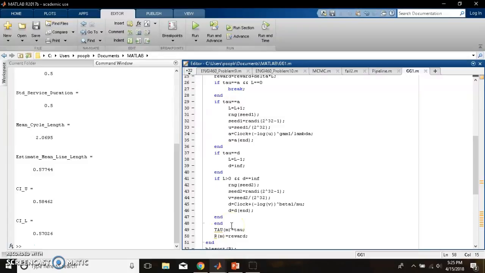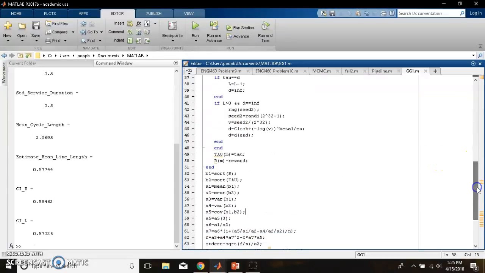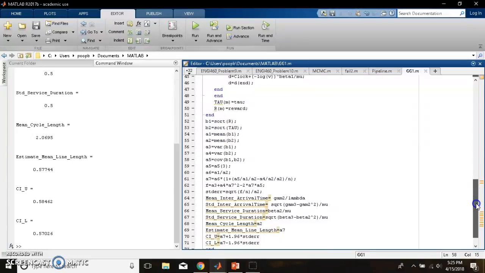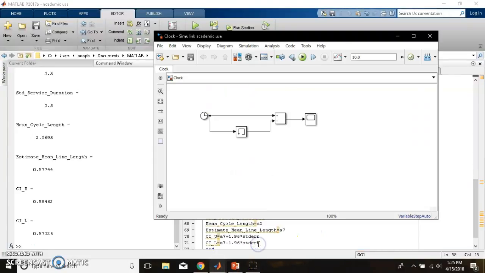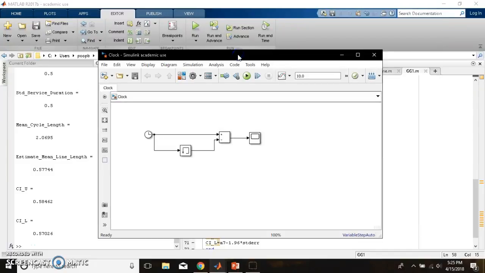The most interesting part of this, and probably the most difficult part of this code, was this clock function. The clock function was kind of hard to find documentation on in MATLAB, but after some grueling work, we found that we can actually use Simulink to make the clock function. Basically, the clock simulates your current simulation time in the function.